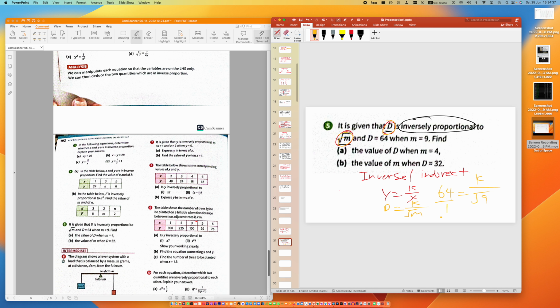Very good. Now, they ask the value of d when m is 4. Go. So m equals to 4, d equals to what?